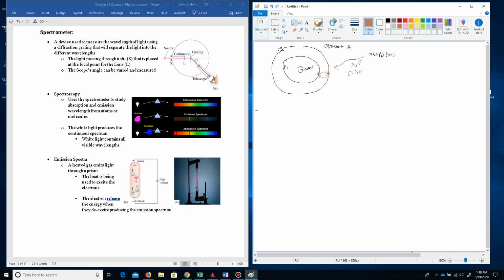And when it jumps back, I'll do blue again, it's going to release energy. It's going to release at a certain wavelength, certain frequency, based on the energy of HF. And at this point, this is what we will call emission.